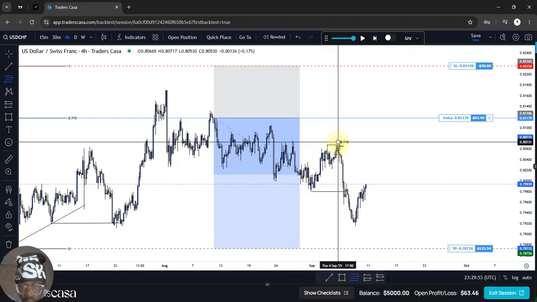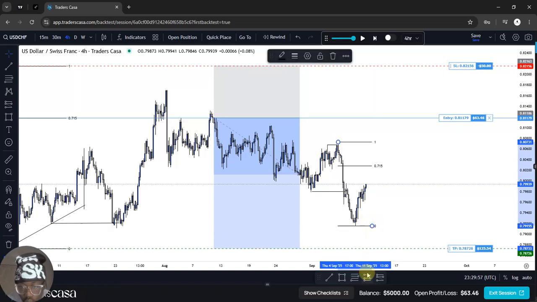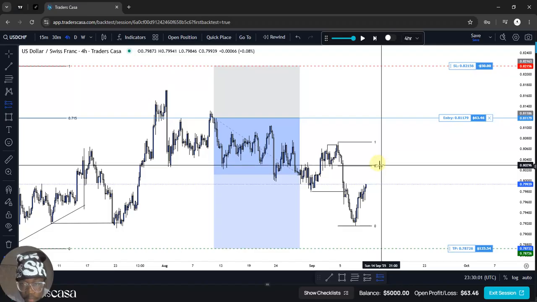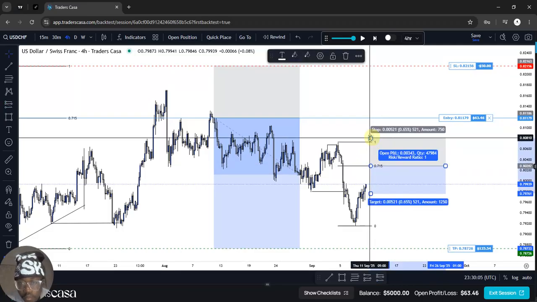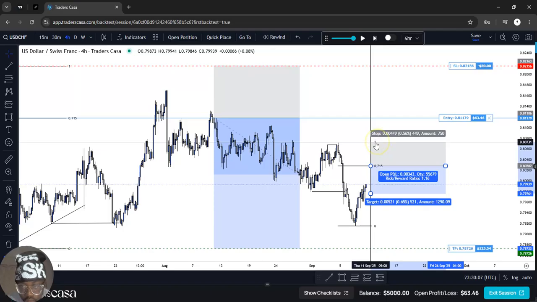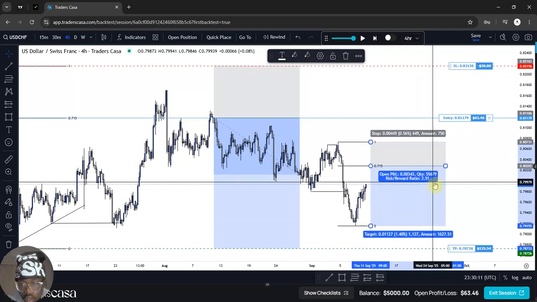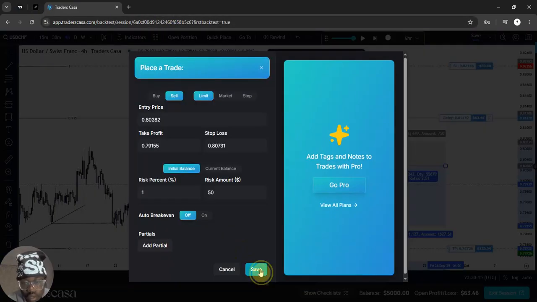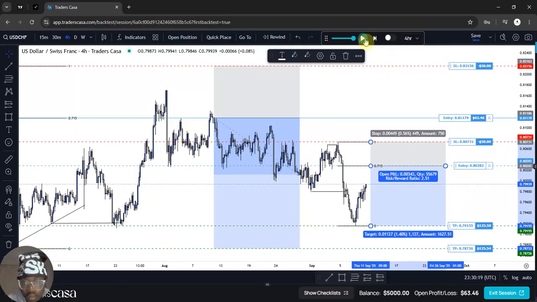So yeah, I wanna see if scale-ins work well with this strategy, right? I wanna see. So we have that trade, we open another position. Let us see.